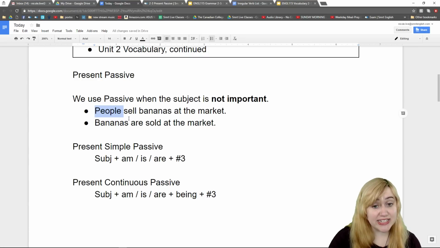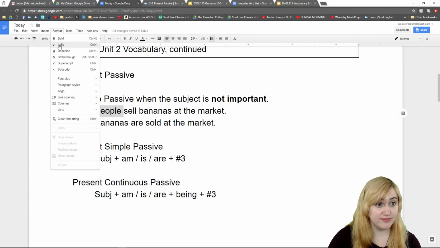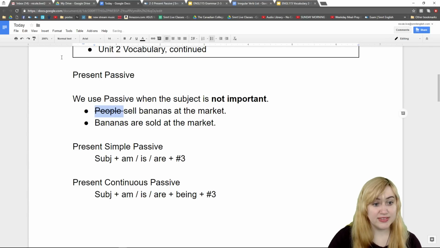So I can change the grammar. I can cancel this word. And I can put bananas at the beginning of my sentence.